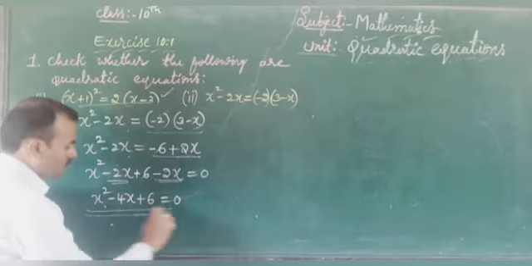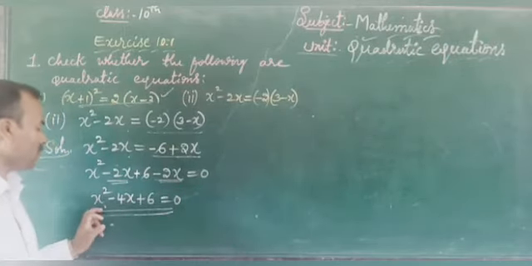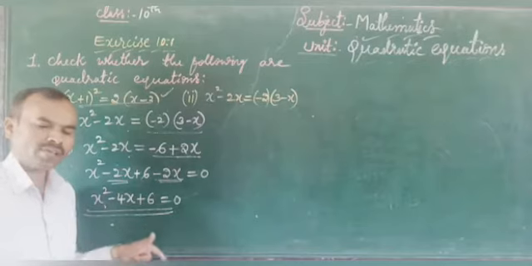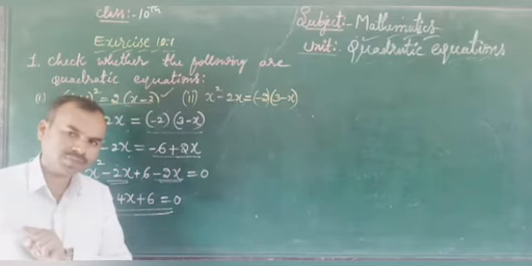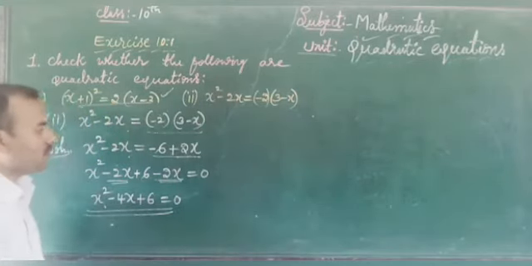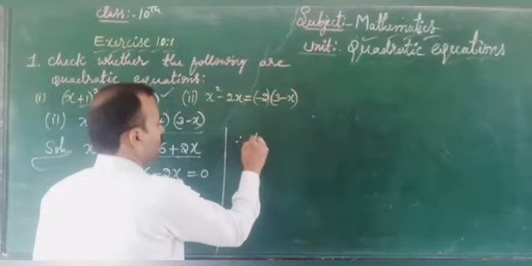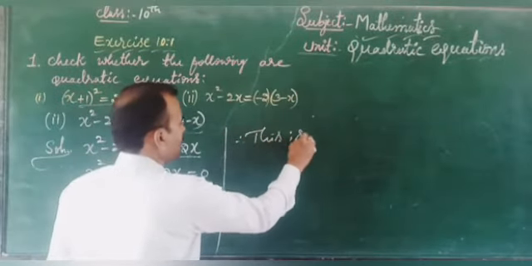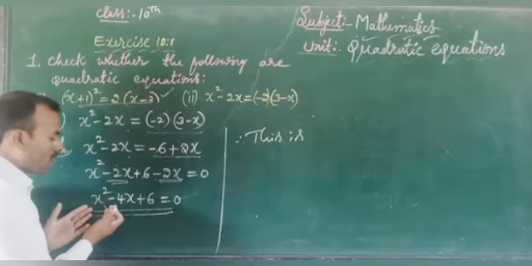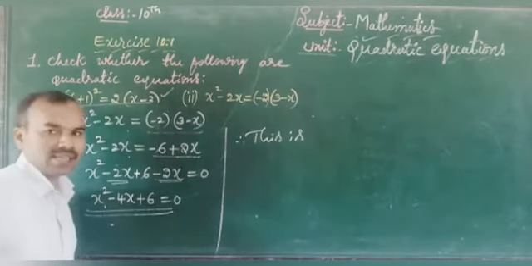Just observe yourself. Is it of the form ax square plus bx plus c equals 0? Yes. So this means x square minus 4x plus 6 equals 0.